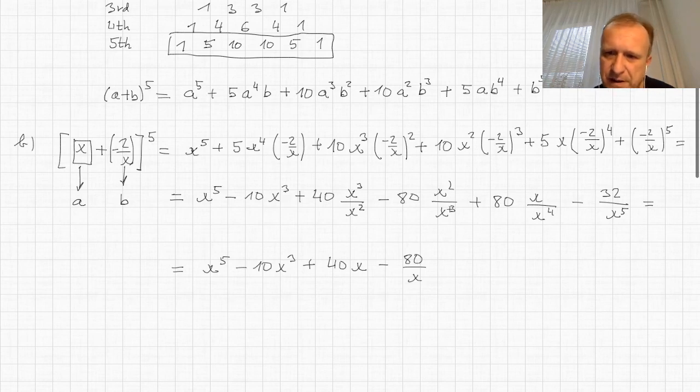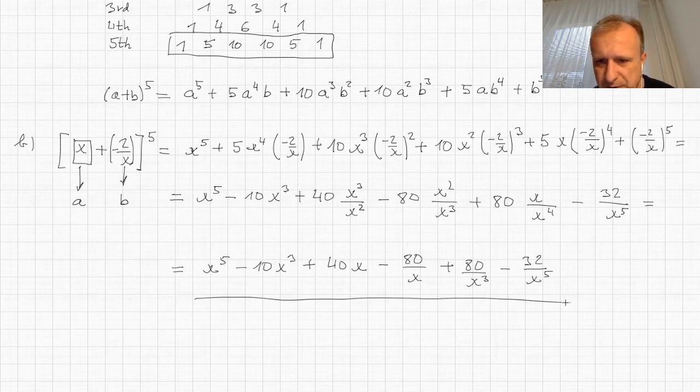Yeah, you see, plus 80, and over x to the power of 3, you can cancel 1 x here, and minus 32 over x to the power of 5. And this should be the expansion.